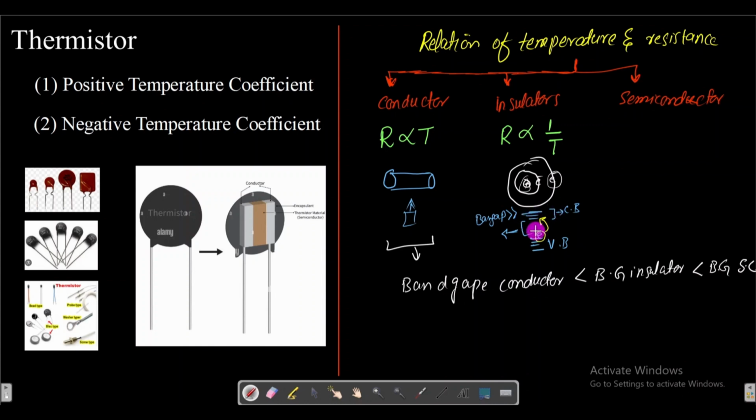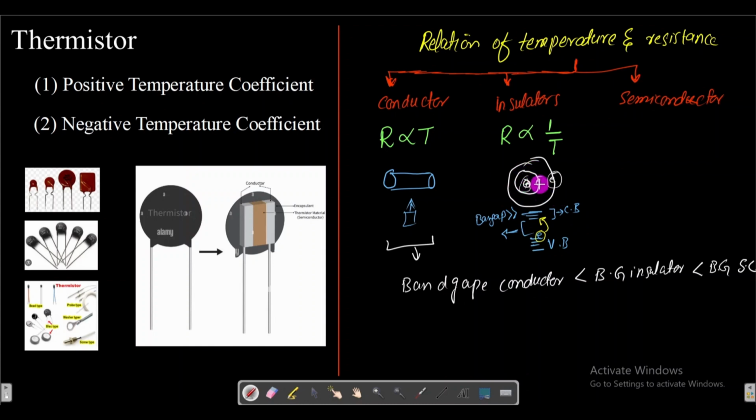Now the resistance of this material will be less, and there will be some electrons present in the conduction band. Those electrons come due to temperature. Therefore we say that if we increase the temperature, the resistance will decrease.